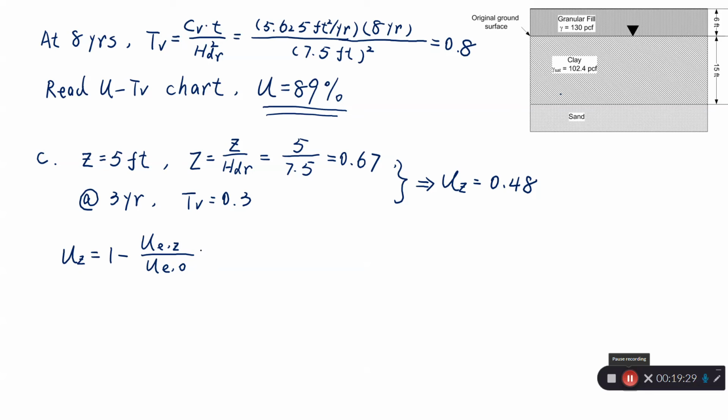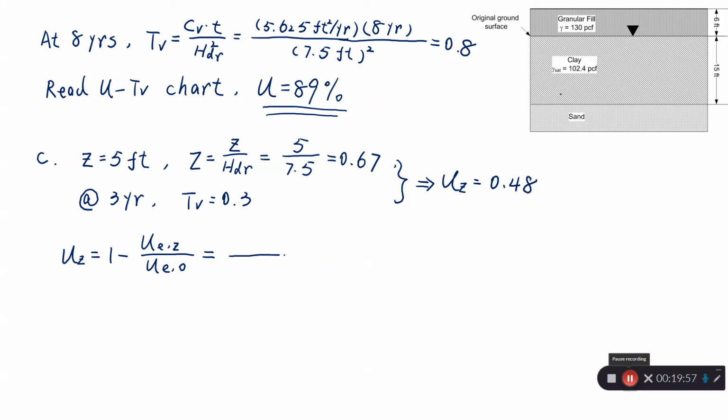Okay, and then we're asking for the effective stress. So now we use a different method. Of course you can solve for UEZ and then solve for the actual pore pressure and the actual total stress and find the difference between the total stress and the pore pressure. Now let's look at the other way.